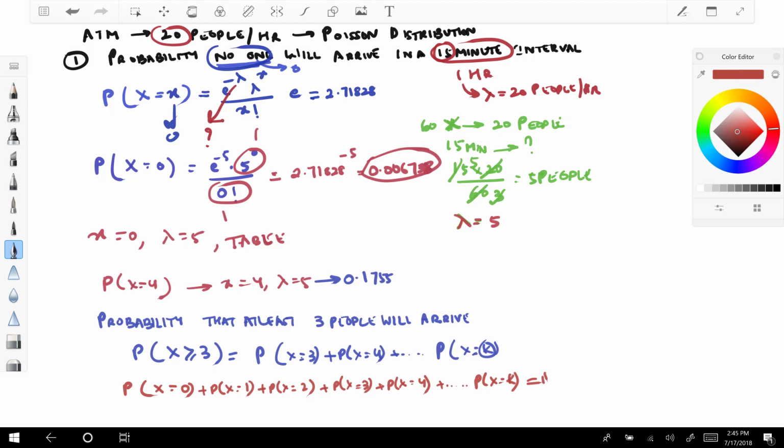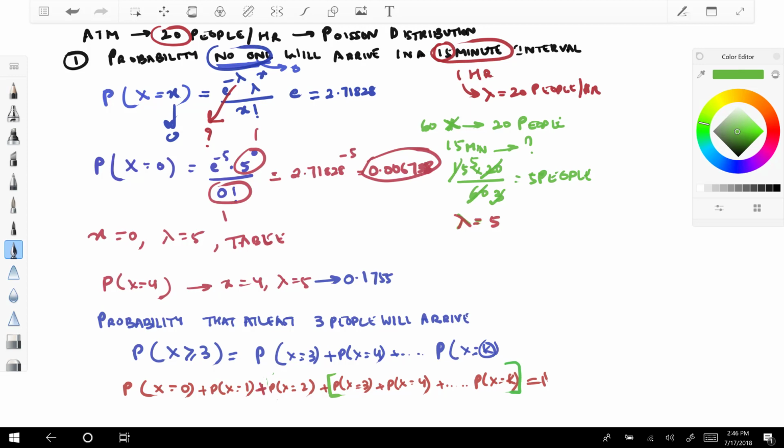Since we know this, I want only the part from P of x equal to 3 to P of x equal to k.